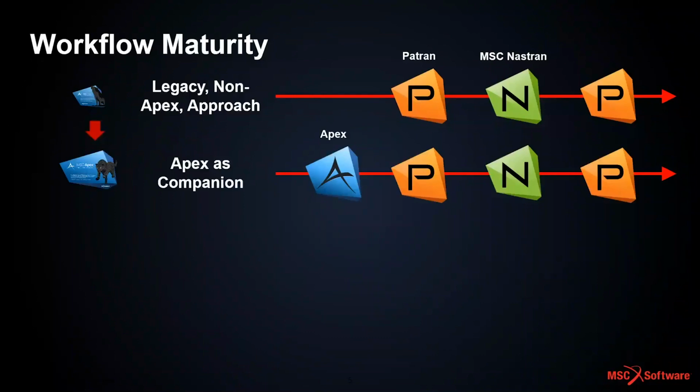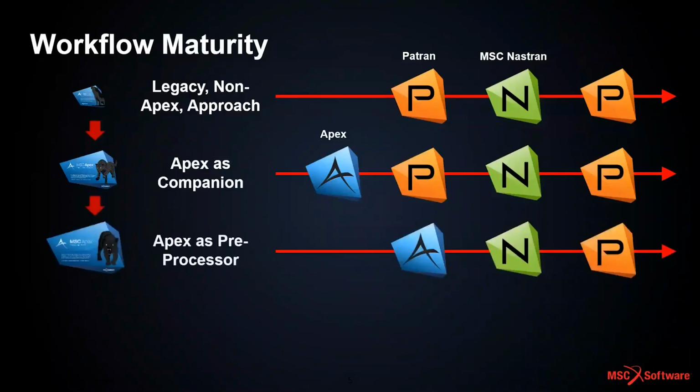As the CAD to mesh tool became richer and richer as a preprocessor, we positioned it as an Apex-Nastran-Patran workflow, where complete modeling is done in Apex and exported to Nastran, and post-processing is still done using Patran.